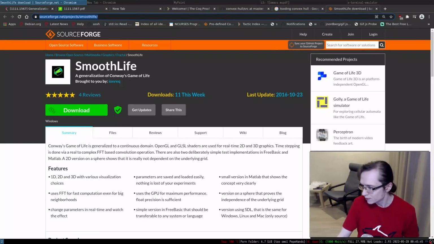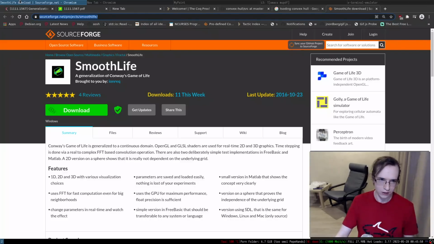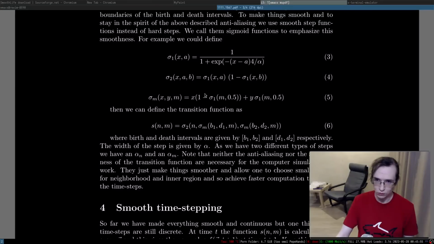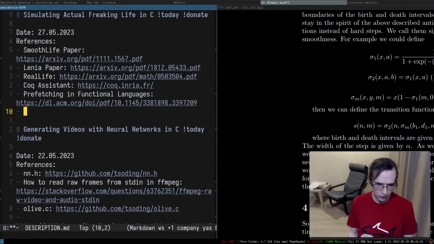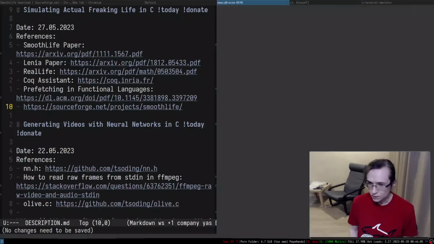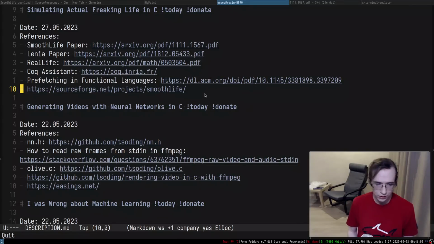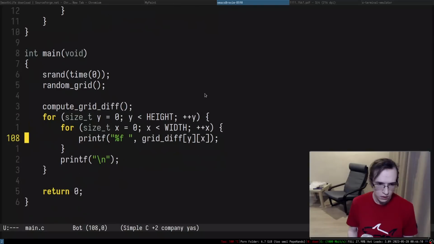Okay, so we can try the actual thing that is written in the paper, and if it doesn't work out, we may take a look at the Smooth Life implementation, somewhere here.